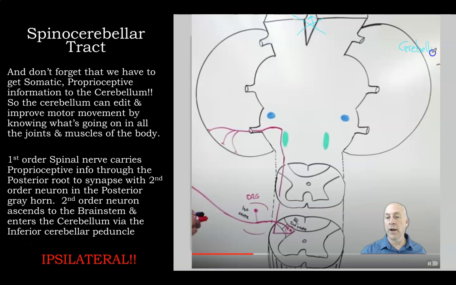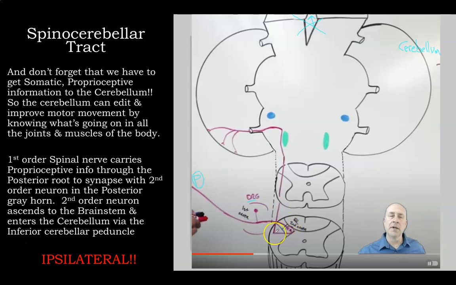And so, what about the spinocerebellar information, that really great proprioceptive information coming from a proprioceptor? I'll put a P over here. Anywhere in the body, a proprioceptor, bringing their information in, posterior root in the posterior cell body in the posterior gray horn. In it goes, or the dorsal root ganglia, posterior root ganglia, that's why DRG is right there.